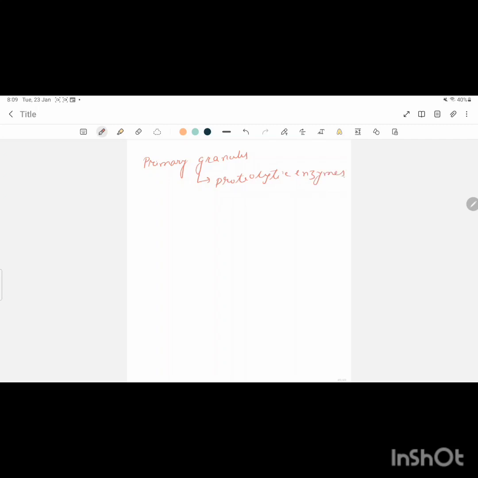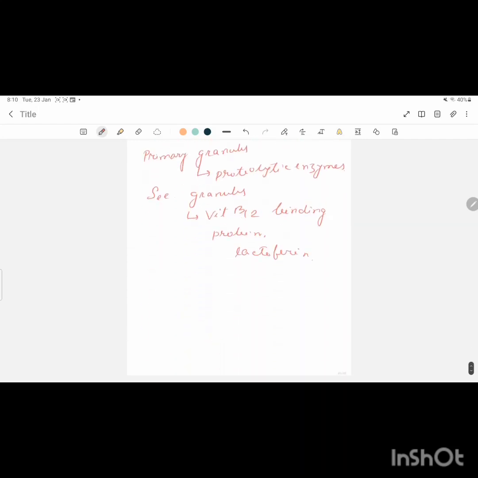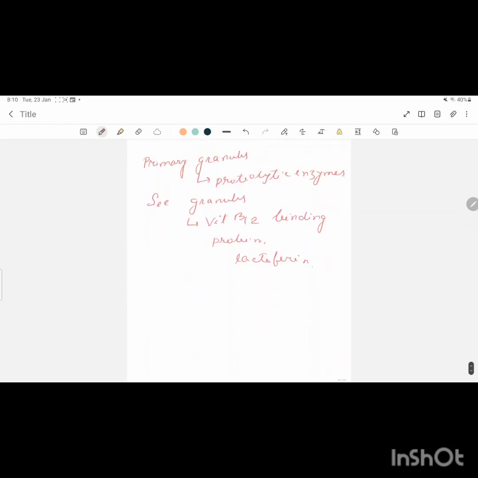And secondary granules contain mostly vitamin B12 binding proteins and lactoferrin. So these are the different contents of primary and secondary granules.